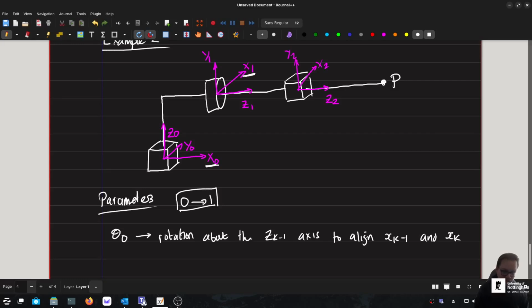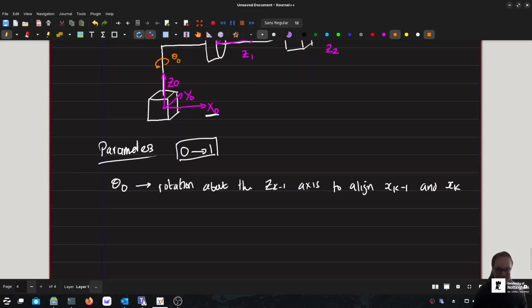We need to do a rotation about the z0 axis, to see how we can align the x-axes together. That's our theta 0 in this case. There must be a 90-degree change, and it's always going to be 90 degrees, just because that's how the axes are aligned, and they're always going to stay that way. So therefore, it is pi over 2 in this case.